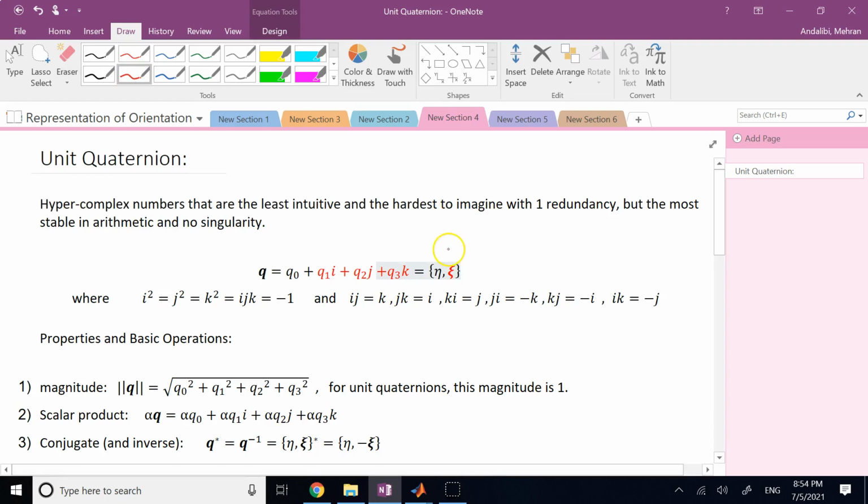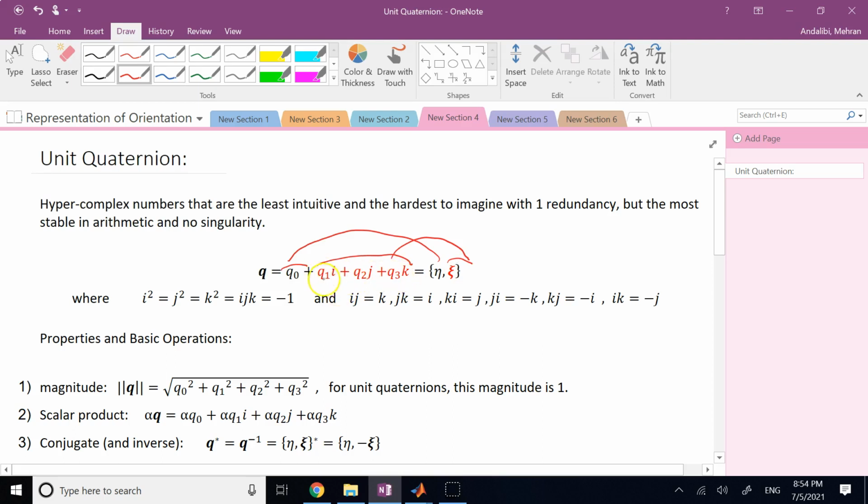Then another way that you can show this quaternion is as a couple of eta and zeta, where eta is the real part of it, and zeta here is the imaginary part of it, but it is a vector. That's why you see here I used bold font. Okay, so zeta is a vector.